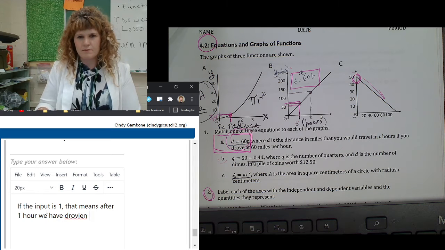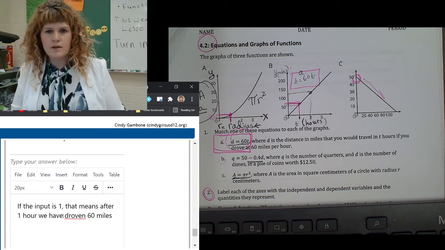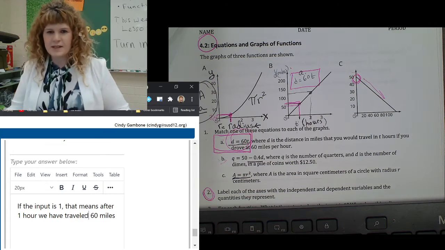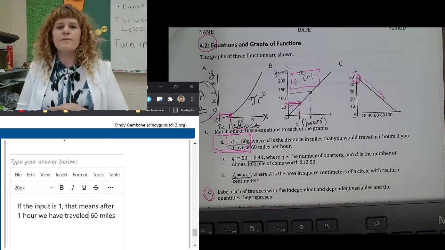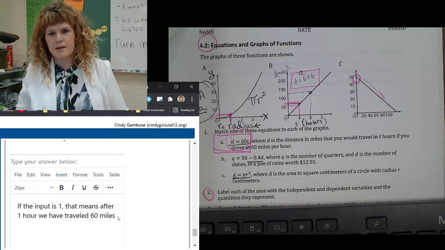Oh man, my spelling. I'm going to change that because I can't even spell correctly. Traveled. I know how to spell it, but the problem says traveled. There. If the input is 1, that means after 1 hour, we have traveled 60 miles.